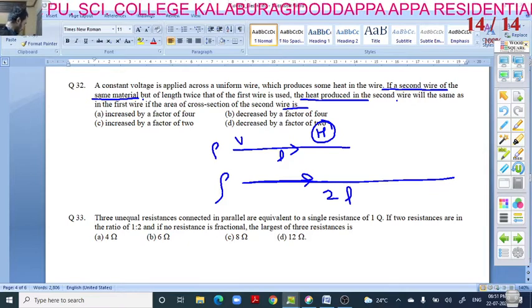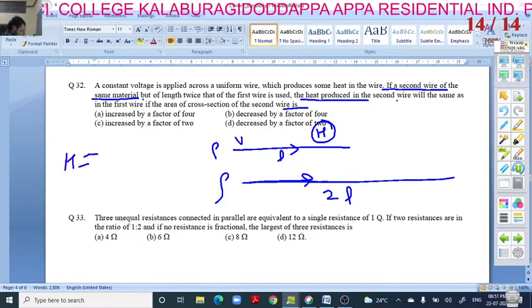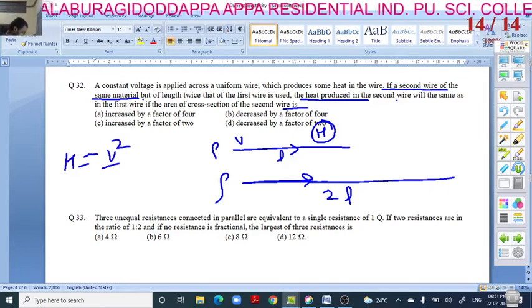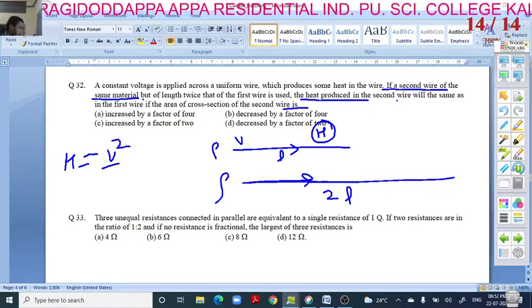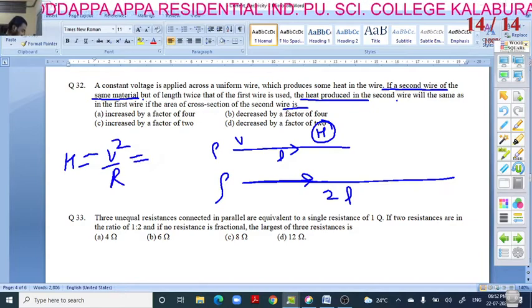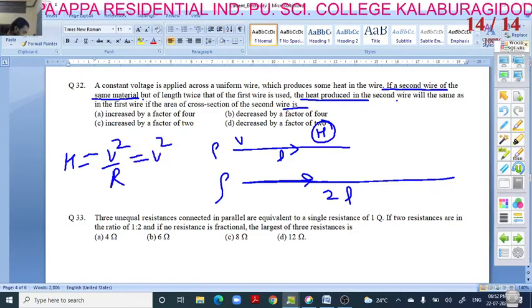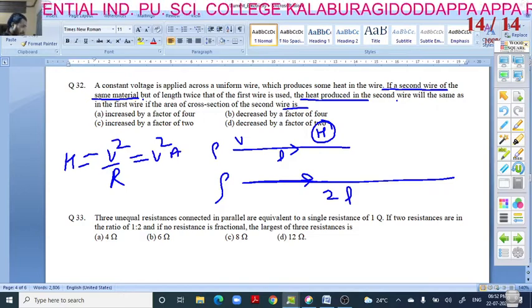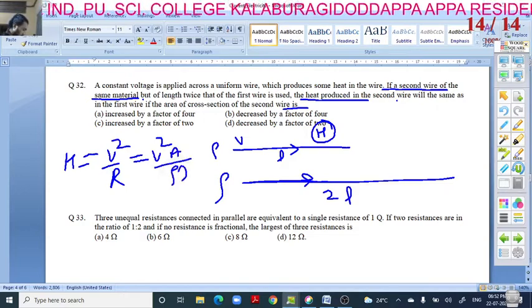We know heat produced is V square by R, that is equal to V square A divided by rho into L.